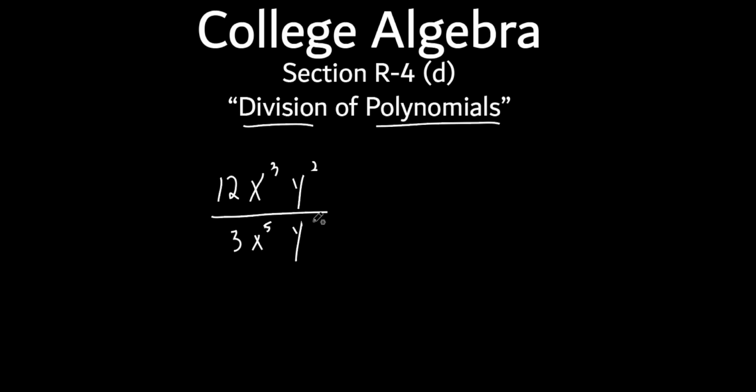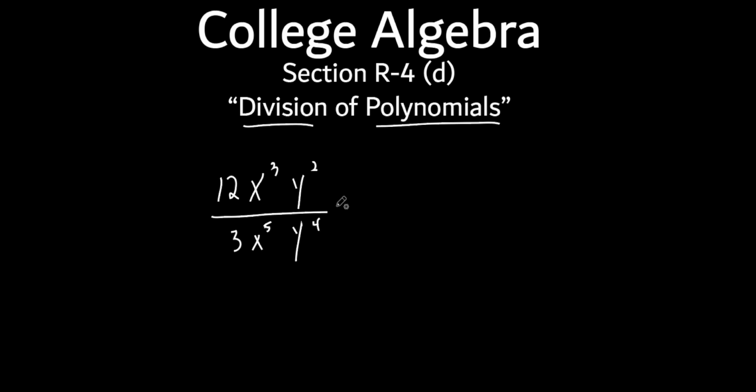But we're going to do division of polynomials. We've actually done division of polynomials already, okay, kind of, with at least monomials. I'll give you a quick example. I don't have this in my notes, but I'm just thinking this off the top of my head. So what if I had 12x cubed y squared over 3x to the 5th y to the 4th?